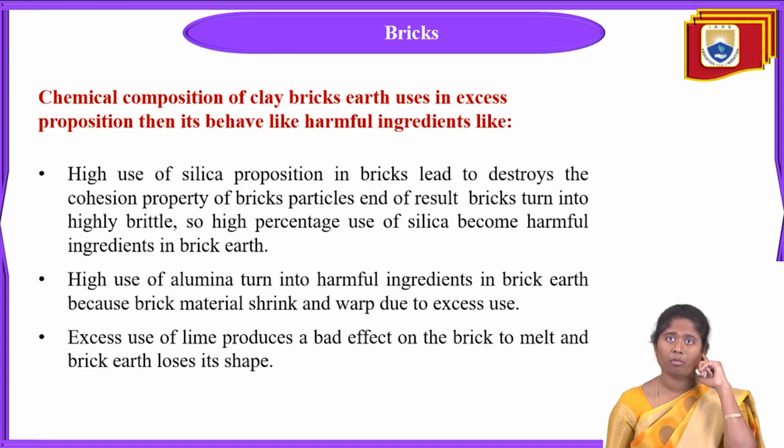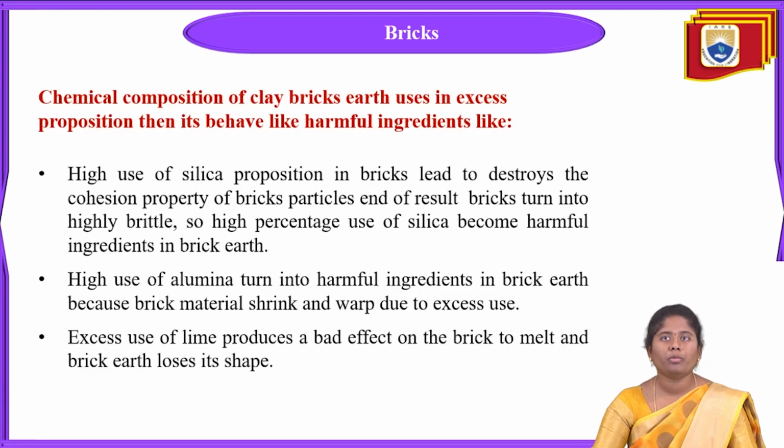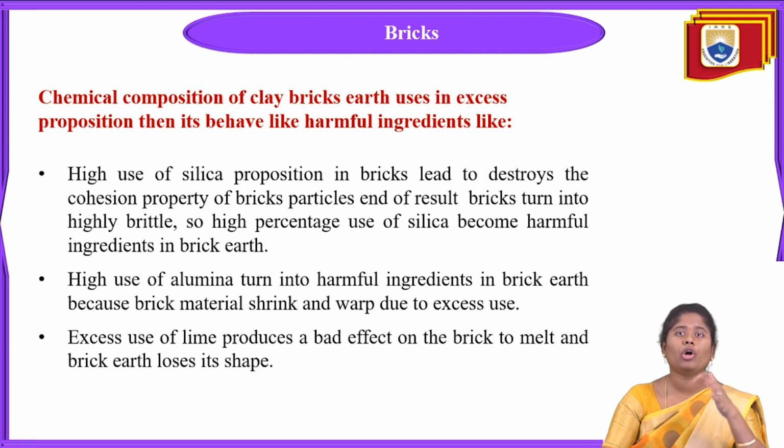Next one, chemical composition. In the chemical composition of a good brick, we look at how much silica we are going to add, and how much alumina we are going to add. If we add an excess amount of silica, what will happen?